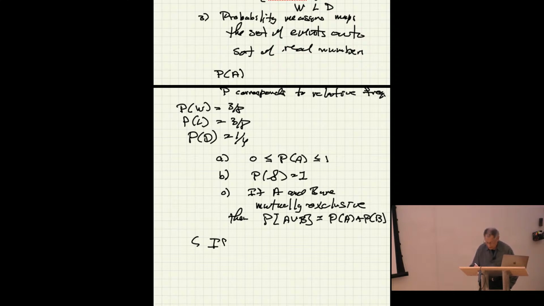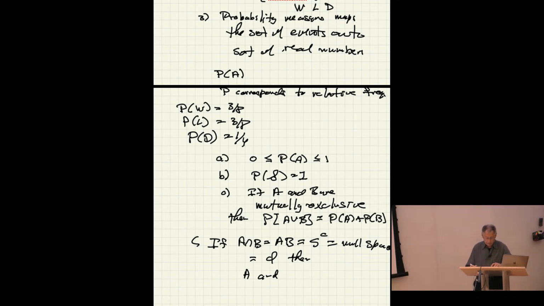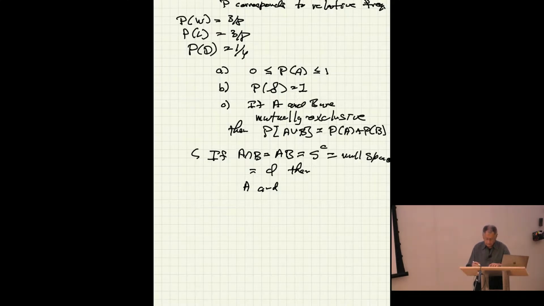If A intersect B, which is equal to A times B, which is equal to the complement of the sample space, which is equal to the null space, namely contains no points, and we denote that by the symbol phi, then A and B are mutually exclusive.